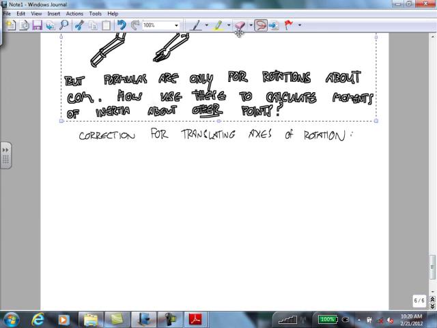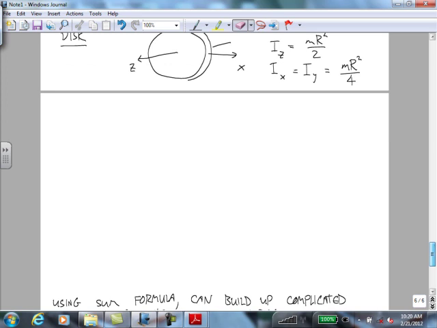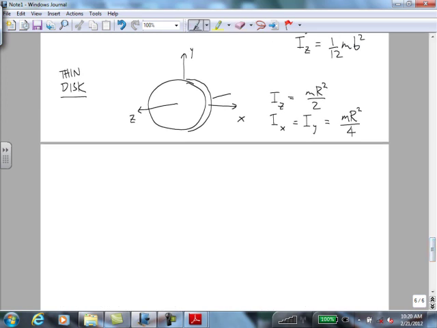Okay, the last one is a sphere. And all axes, you can imagine, are the same to a sphere: x, y, and z.